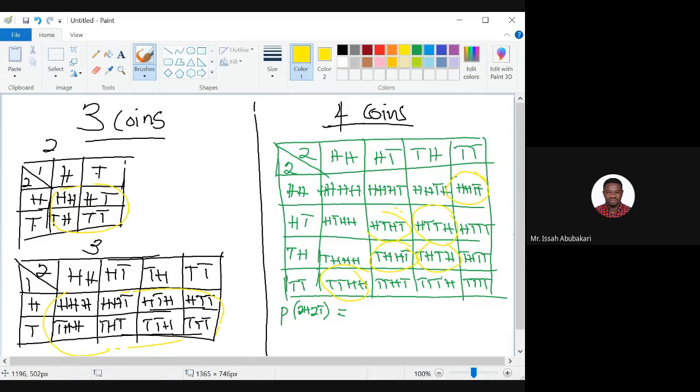So we have 6 possible outcomes. So at the end, we are going to have 6 divided by the total possible outcome, which is what?